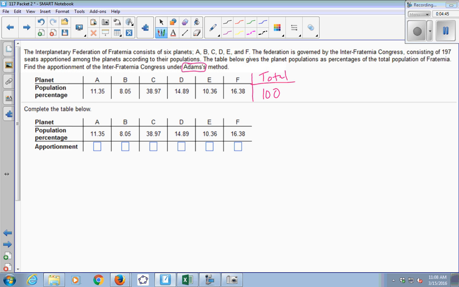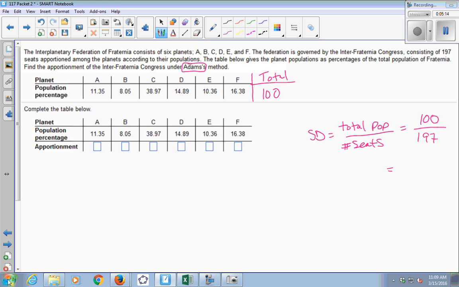So typically when we do any of the methods we've learned so far, we start by finding the standard divisor, which is total population divided by the number of seats. So in our case, the total population we're saying is 100 people, or you could just say 100%, divided by the number of seats we're giving out, which is 197.